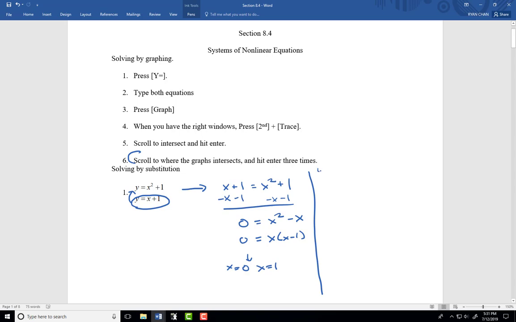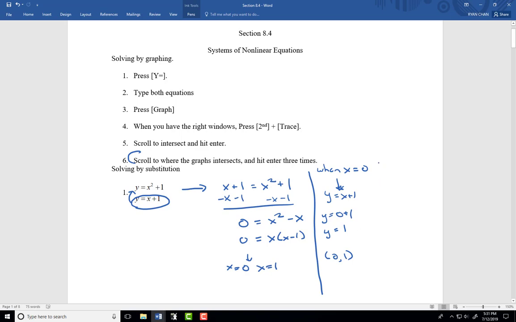When x is equal to 0, I'll plug into either of my equations. So I have y is equal to x plus 1, which will be y is equal to 0 plus 1, which is 1. That means I have a coordinate at 0, 1, because when x is 0, y is 1.